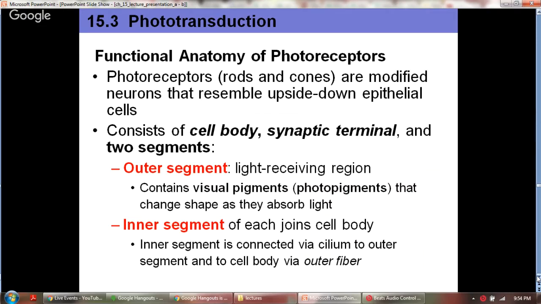The photoreceptors consist of a cell body, a synaptic terminal, and 2 segments. That is the outer segment, the light receiving region, which contains the visual pigments that change shape as they absorb light, and the inner segment, which joins the cell body, and it's connected via the cilium to the outer segment and to the cell body via the outer fibers.